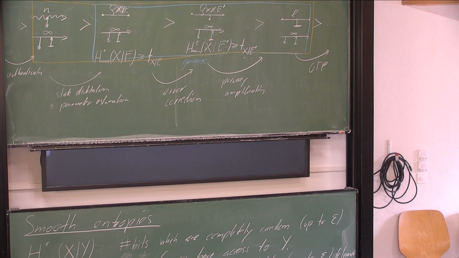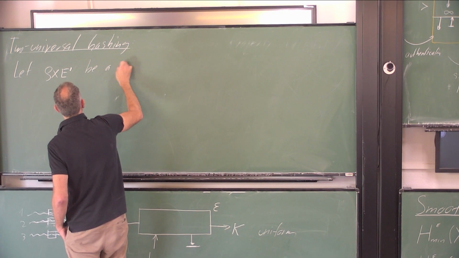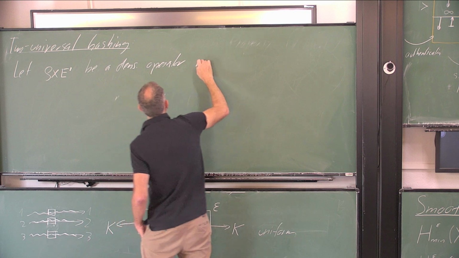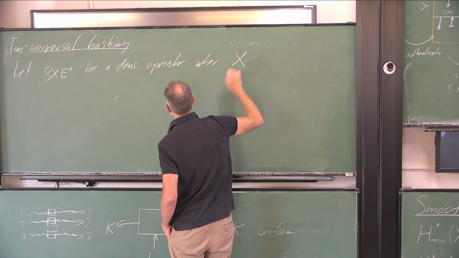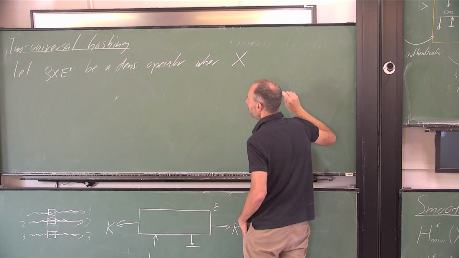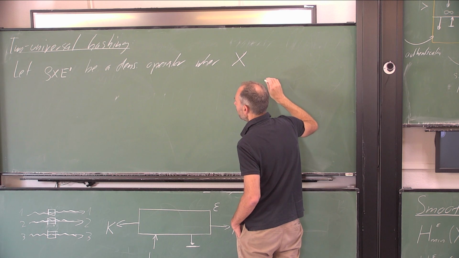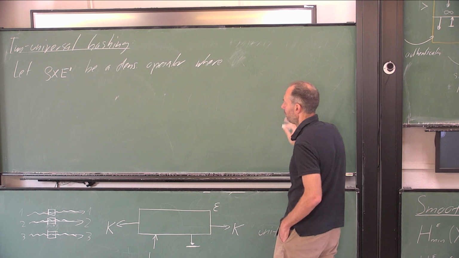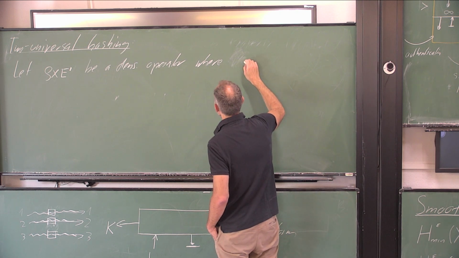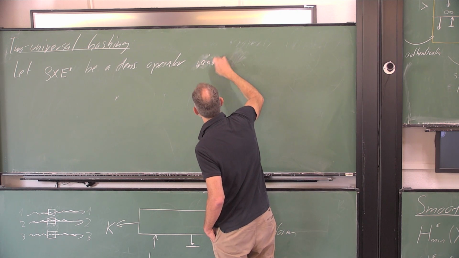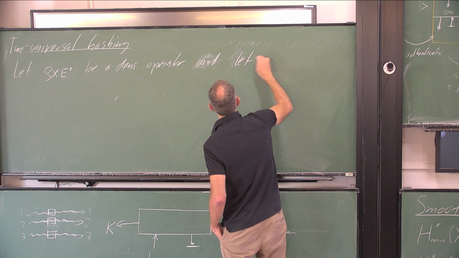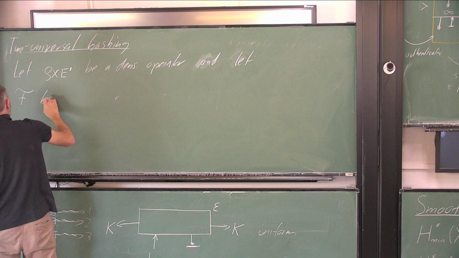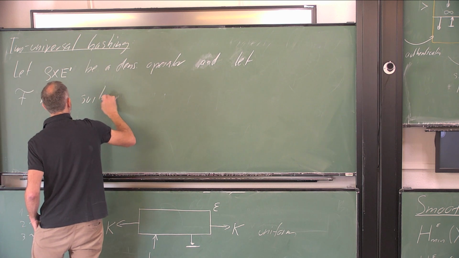So we have ρ be a density operator, and now I will assume that the alphabet of X is, okay, actually this can be arbitrary, I don't even need to specify that. And let F calligraphic be a suitable, and this I will not specify.